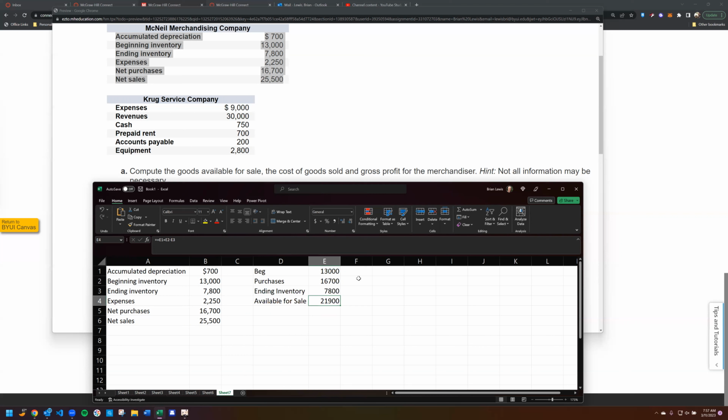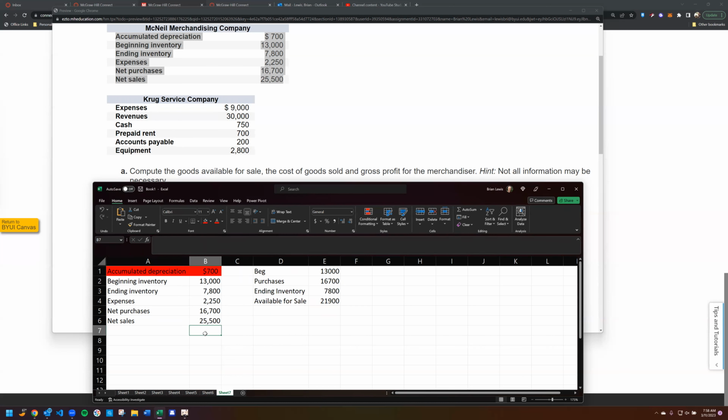Cost of goods sold should be the same, assuming that. Net sales, we're not going to use this number. That's not necessary.